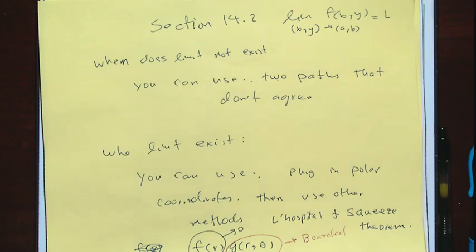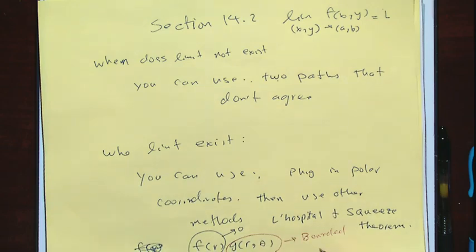Bounded is exactly this. There is a number that the output of the function cannot be bigger than, and a lower bound is a number that the output of the function cannot be smaller than.